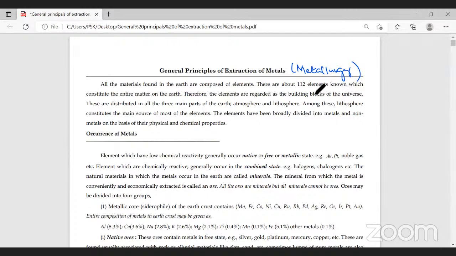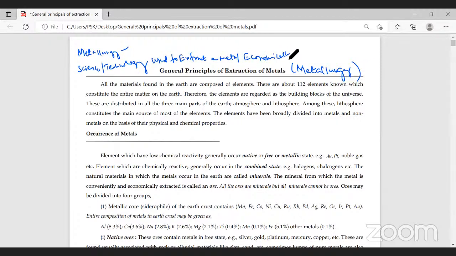Now, what is metallurgy? How do you define the term metallurgy? Metallurgy is defined as the science or technology used to extract a metal economically.